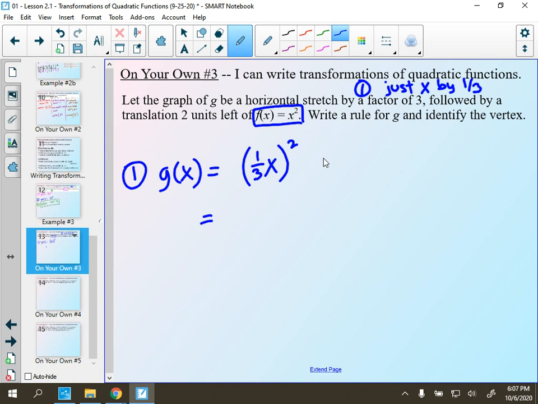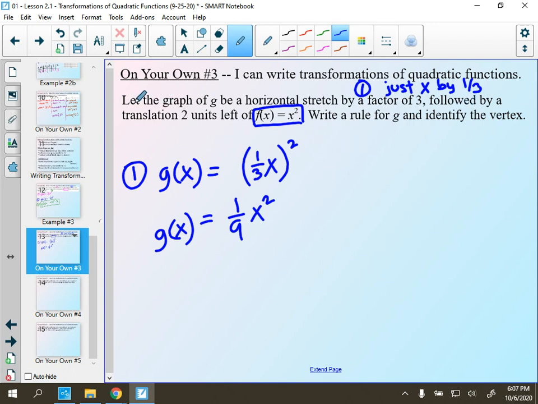Remember, (1/3 x) squared means 1/3 x times 1/3 x. So 1/3 times 1/3 is 1/9, and x times x is x squared. So that's where I'm at after my first step. That's a tough one to start with.